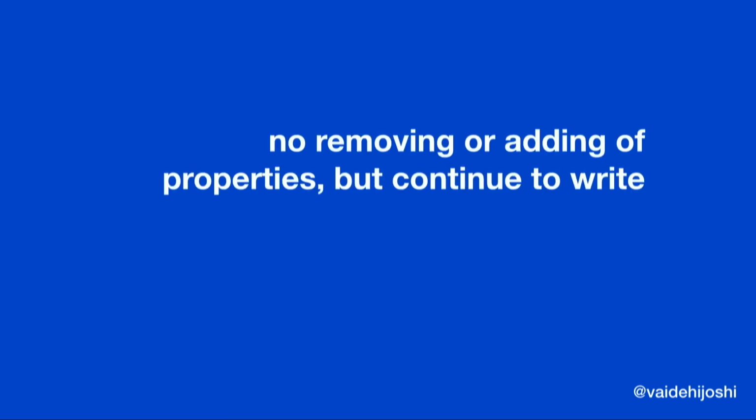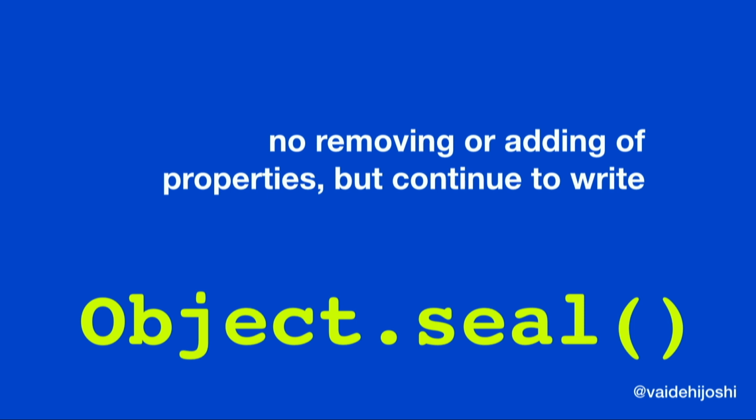So for example, let's say that we don't want anyone to remove anything or add anything to our object, but we do want them to keep writing to the properties if they were already writable. So in this case, we have a certain amount of limitation we want to do. We can call Object.seal to achieve this.